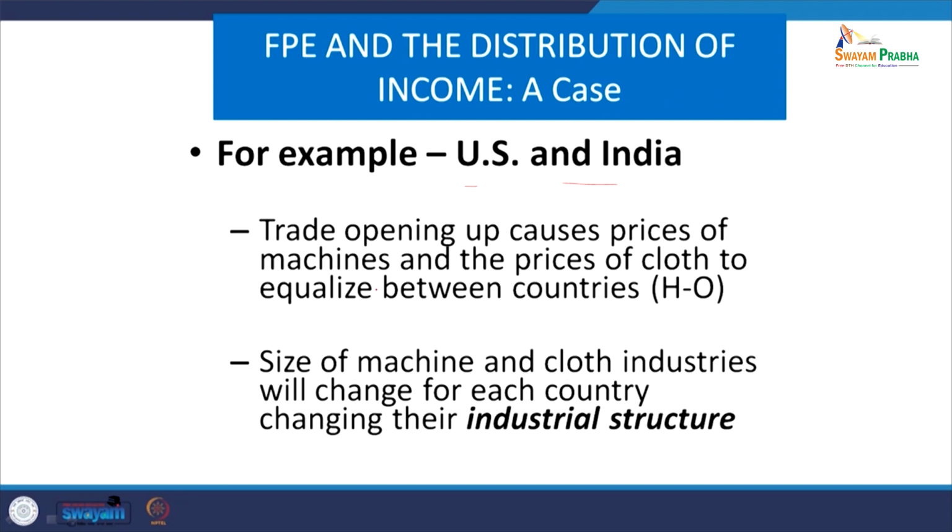Let us assume we are referring to cloth and machines: machines from the US and cloth from India, and cloth we assume to be more labor intensive. The size of machine and cloth industries will change in each country, changing their industrial structure because of trade.